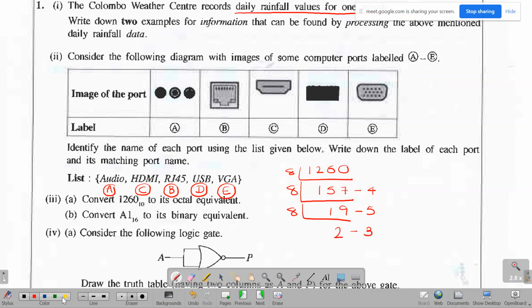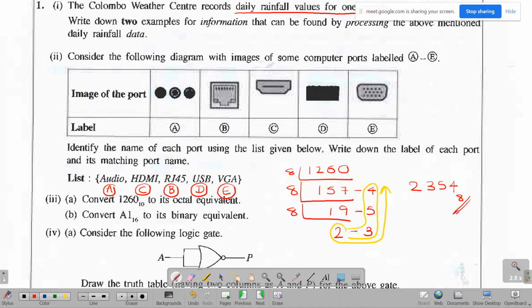So when we are writing the answer, we can start from 2 and go upward by considering the remainders, right? So this part is going to give you the answer, right? So the answer is going to be 2354, that is in octal.